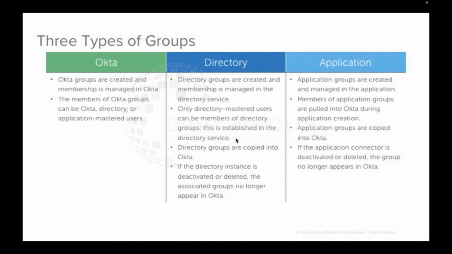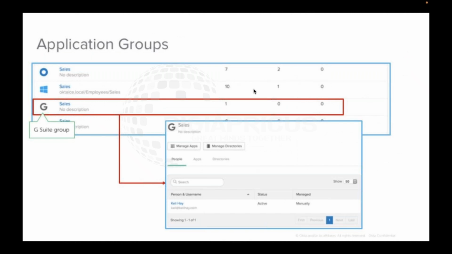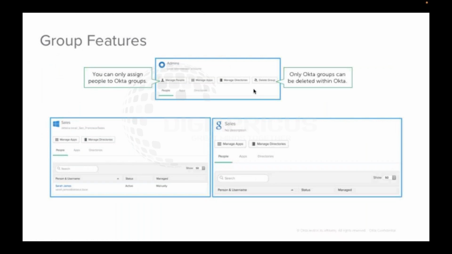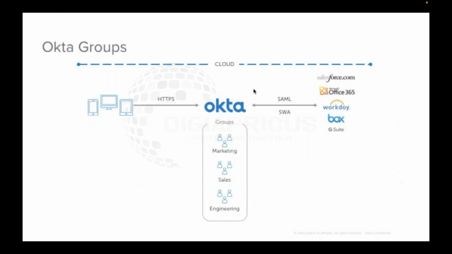There would be meetings wherein you'll be doing all of this, and at that point you can see that you have a directory group and an application group. That's the reason why I have included these screenshots over here, because it's not possible for us to create these groups in Okta. We are just importing these groups from the application or the directory.